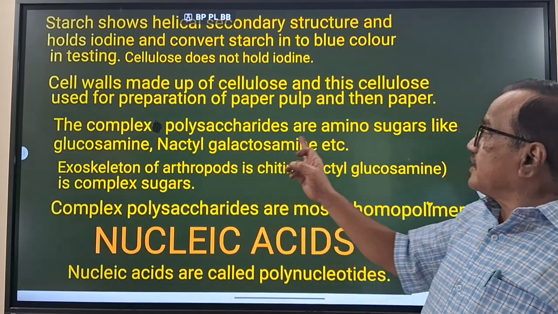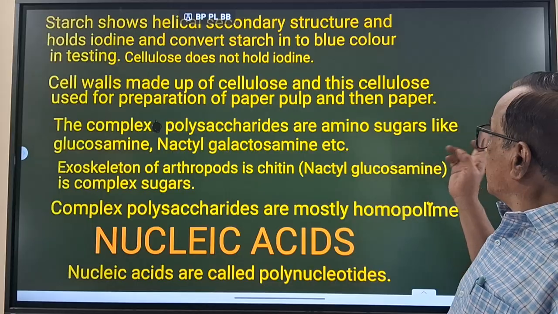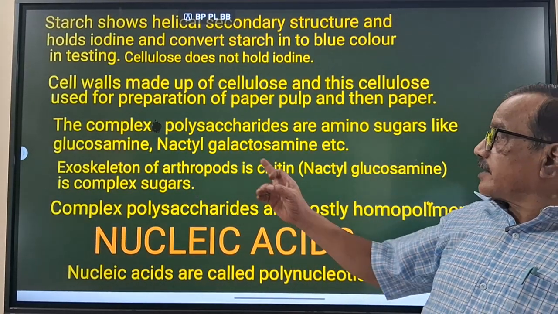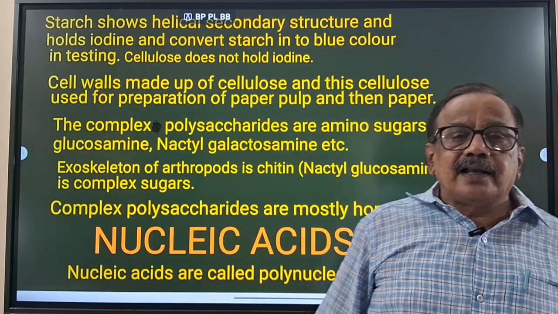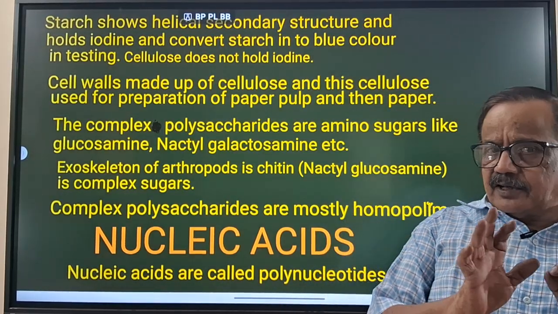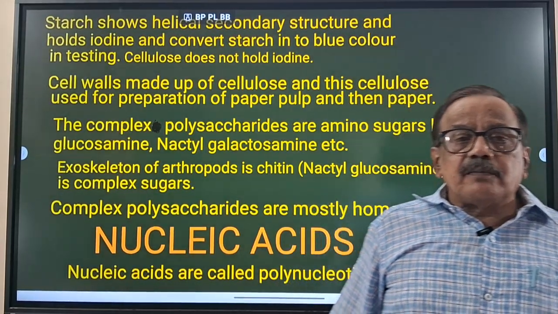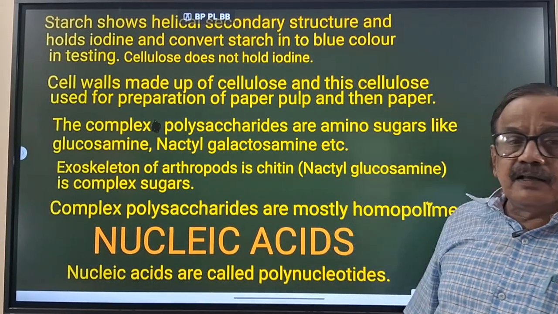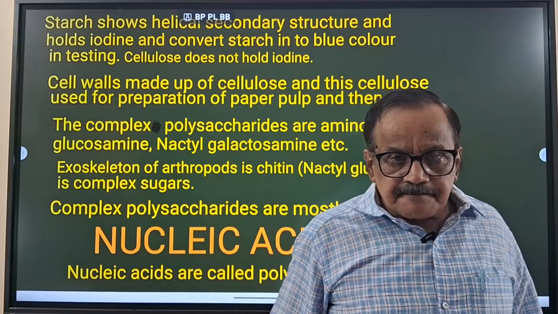So complex polysaccharides are amino sugars like glucosamine and N-acetyl galactosamine. He has given the two names. You have to remember them. Glucosamine and N-acetyl galactosamine are both complex sugars.